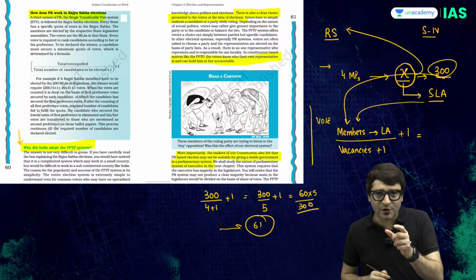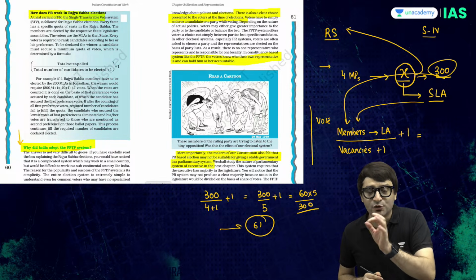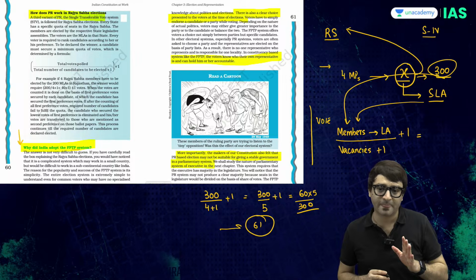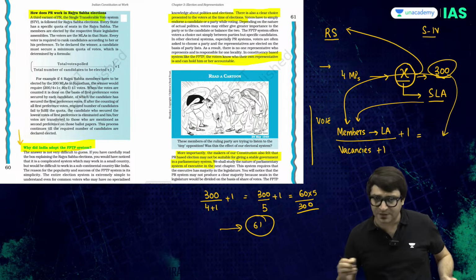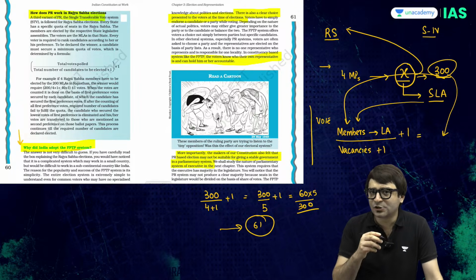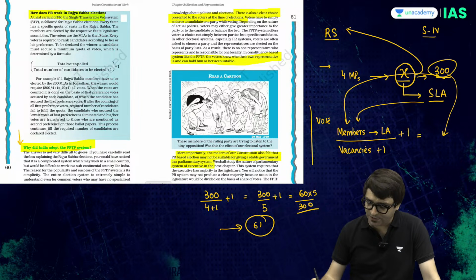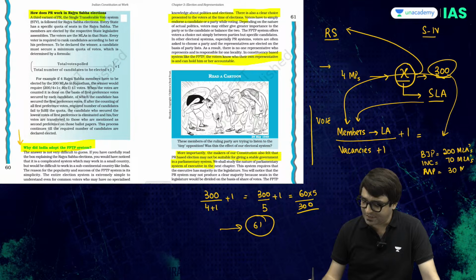Any candidate, in order to get elected to Rajya Sabha, should get 61 votes. But listen to me carefully. If this is 300, and let's suppose we have a political party, BJP, which has 200 MLAs here, and there is a political party, Congress, which has 70 MLAs, and there is Aam Aadmi Party, which has 30 MLAs.